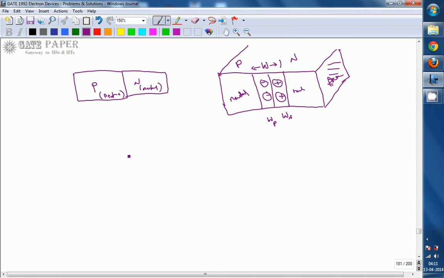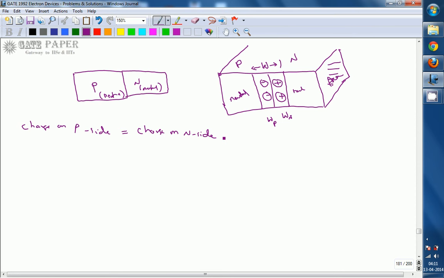Now the charge on the p side must be equal to the charge on the n side in the depletion region, because every recombination creates one positive ion and one negative ion in the depletion region.